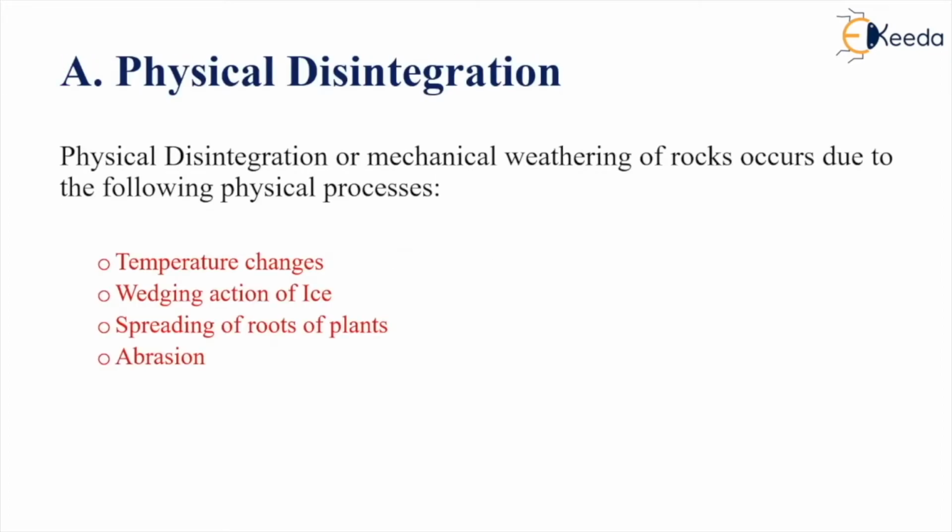Coming to the first topic, physical disintegration, this is also known as mechanical weathering of rocks, because they get exposed to the surroundings and the large pieces of rocks are broken down into very small pieces. This occurs due to the following physical processes: temperature changes, wedging action of ice, spreading of roots of plants, and abrasion.